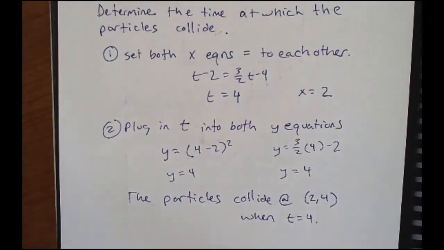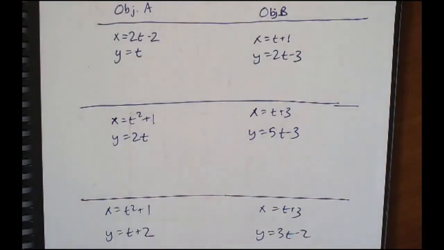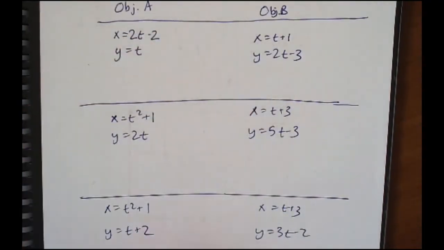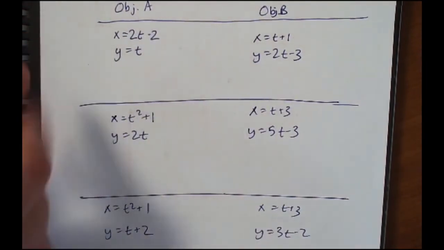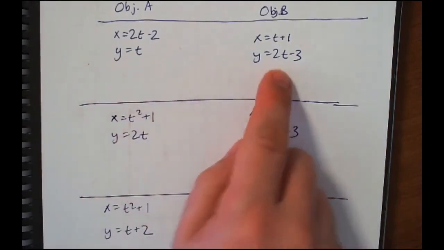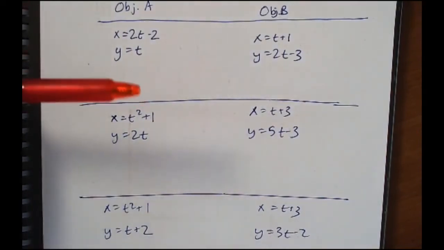The last thing I'm going to do is write out a couple of examples. I'm not going to work through them, but I want you to practice them, and I'll throw up the answers. So give me a second to write these down, and then you work them out. All right, there you go. So I've got 3 problems here, where in each problem I give you a set of parametric equations for A and for B. And I'm going to ask the question, do the two objects collide?